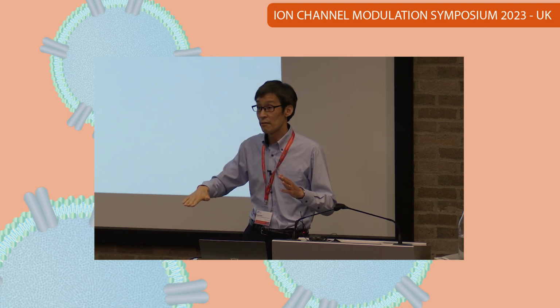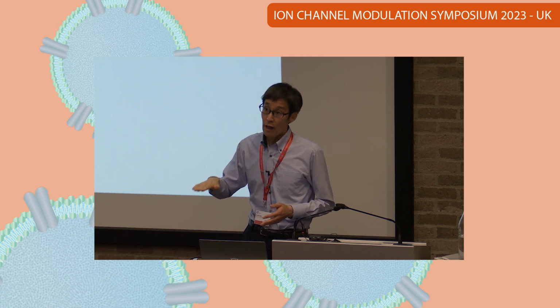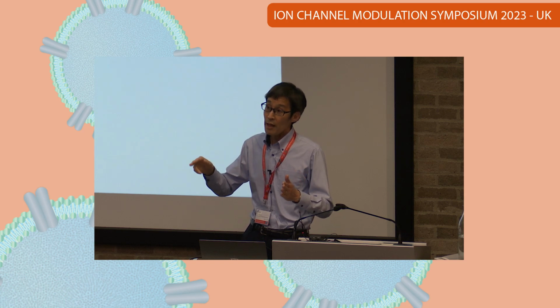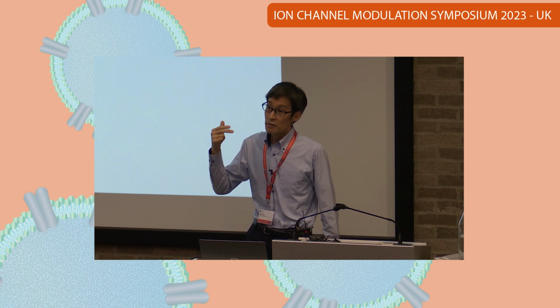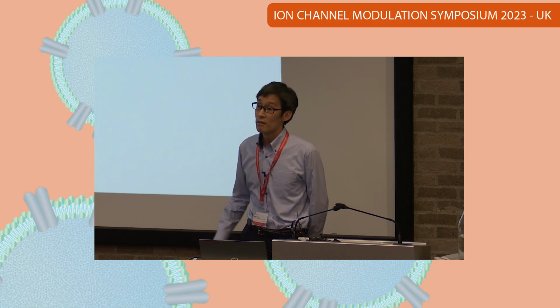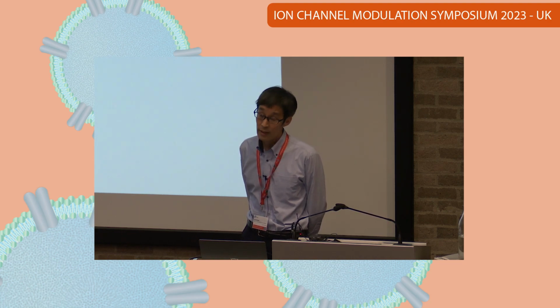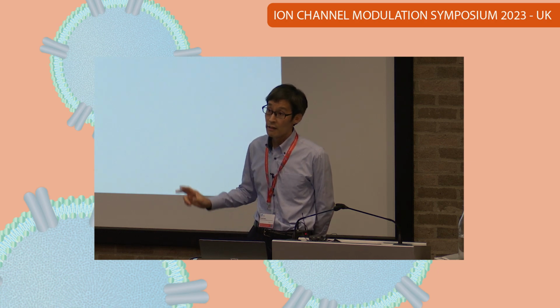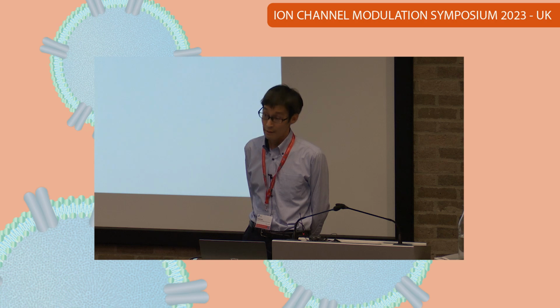When the activity is decreased, the AIS elongates. At the same time, Kv1 switches to Kv7, and then activity is very strongly facilitated. So the combination of the structural and biophysical interaction is very important, I think.